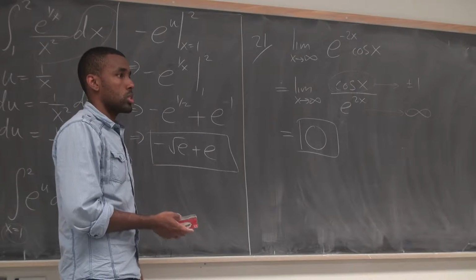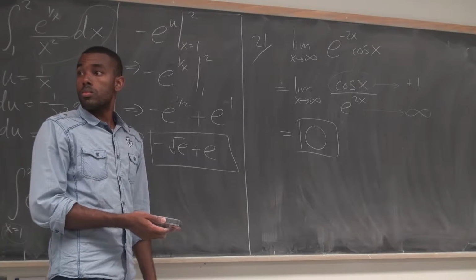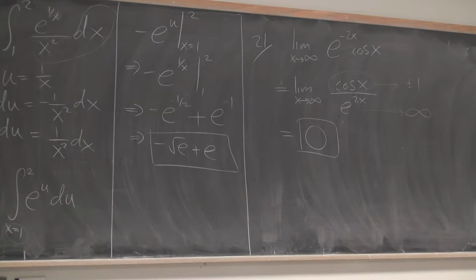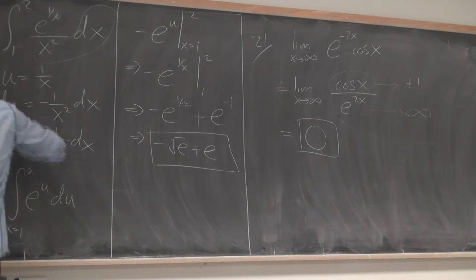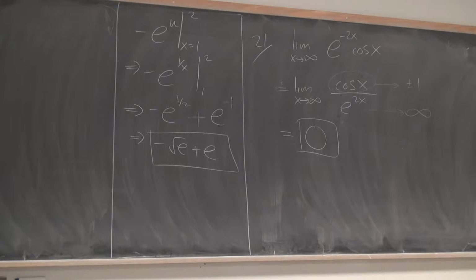Other questions? Yeah. I don't necessarily remember what the question was about, but I had trouble with the domain, and the function was f of x equals radical 3 minus e to the 2x.